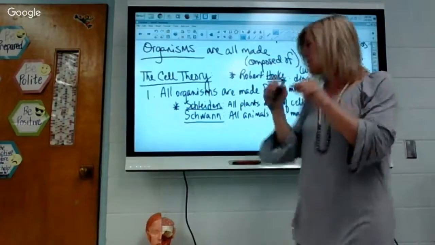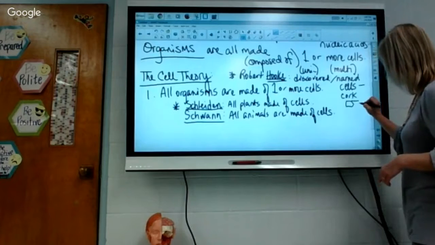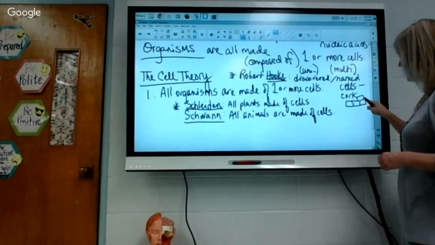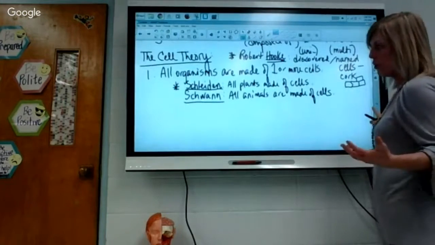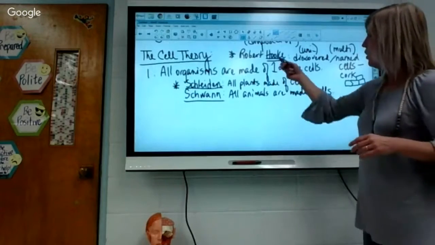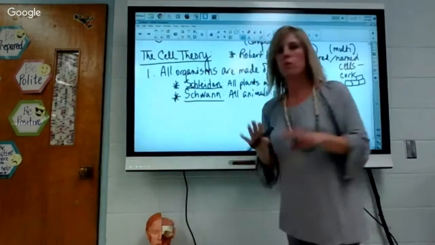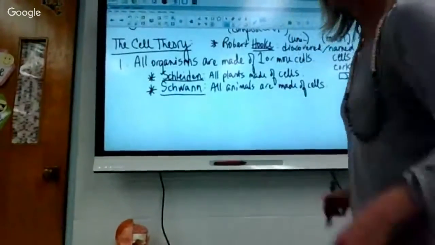It looked like an empty space under the microscope, because it was dead, but it was this little matrix. So they said each of those is a cell, and he was the first to coin the term. Again, Hooke is one of the people; any of these starred items, third period, don't worry about writing it down. I'm going to move this up just a little bit so y'all can see a little better.